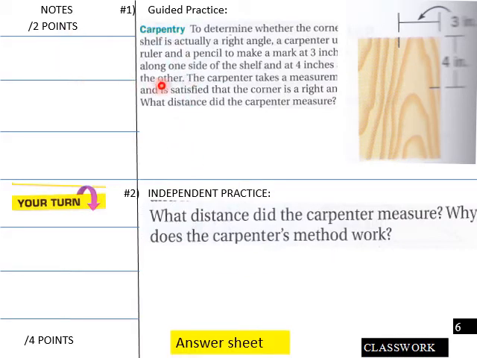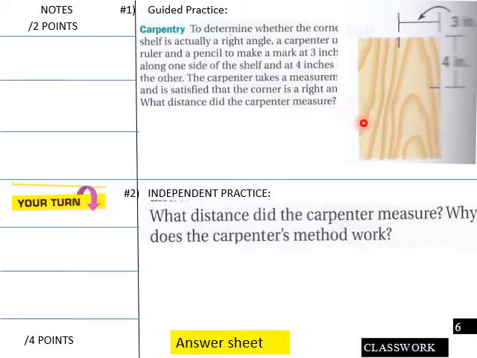So our first guided practice is to determine whether the corner of a shelf is actually a right angle. A carpenter uses a ruler and a pencil to make a mark at 3 inches along the shelf, at 4 inches of the other. The carpenter takes a measurement and is satisfied that the corner is a right angle.